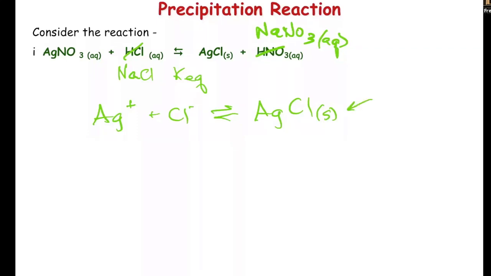Okay, let me make sure you understand. If we have a reaction, we get a precipitate, then yeah, that's a precipitation reaction. Generally, it's like a double displacement reaction. But we don't write it that way when we're trying to figure out the equilibrium. We actually write it as a dissolution. A dissolution is when you have the solid going into its ions. So instead of writing this reaction, we would write this reaction.